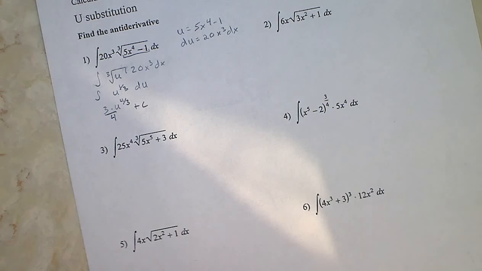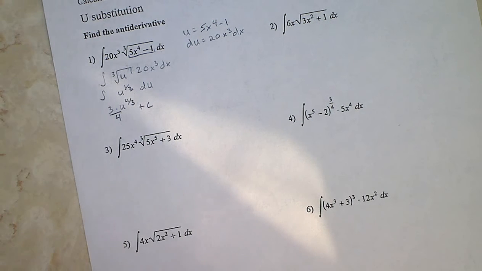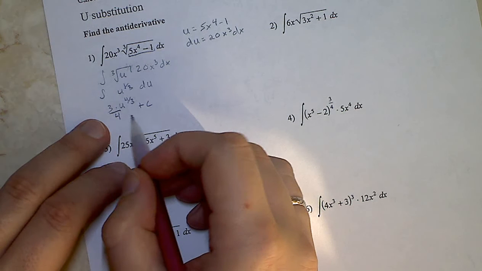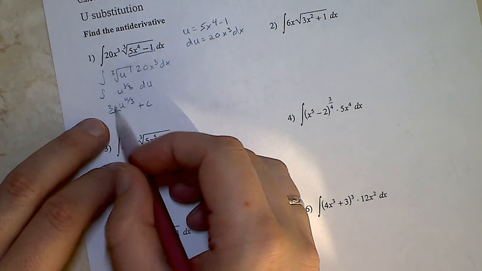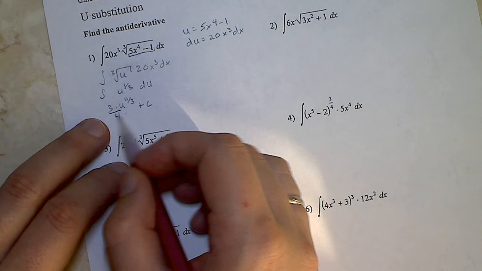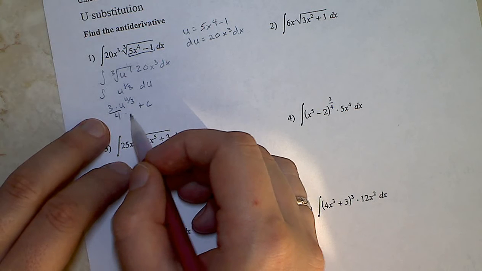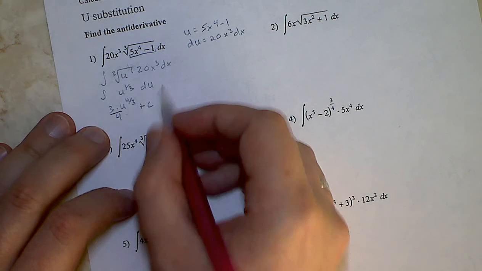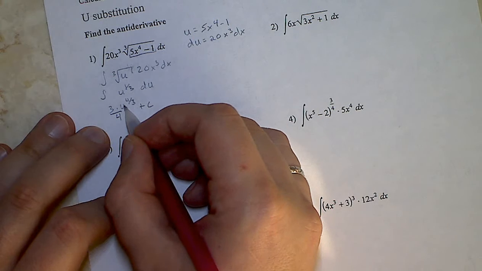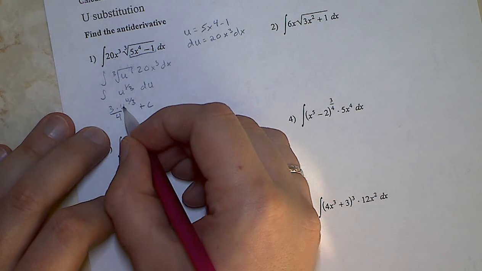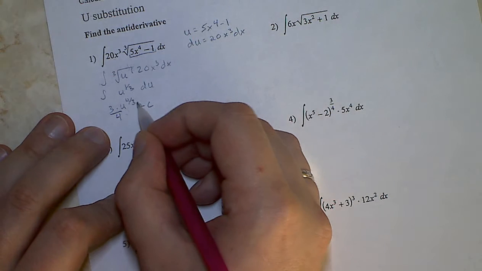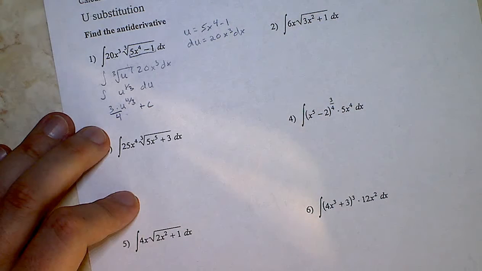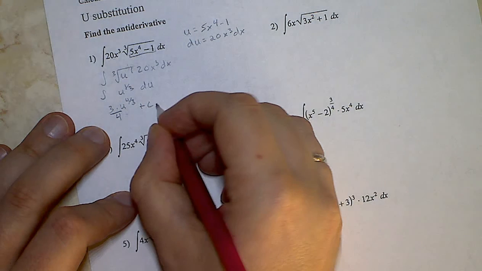Now I'm going to make my life a little bit easier by trying to understand what this whole mess of fractions means. So u to the 4/3, the top number is the power that the u is being raised to, and the bottom number is the kind of radical that we're using for it. So I'm going to put the 3/4 out in front here.